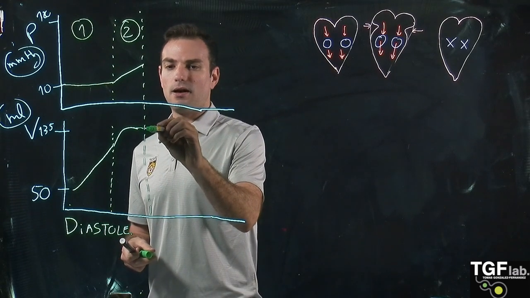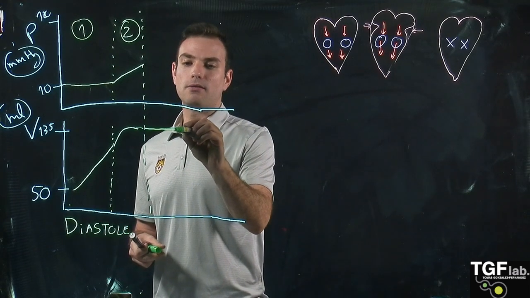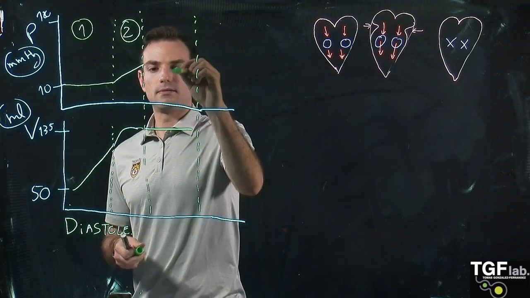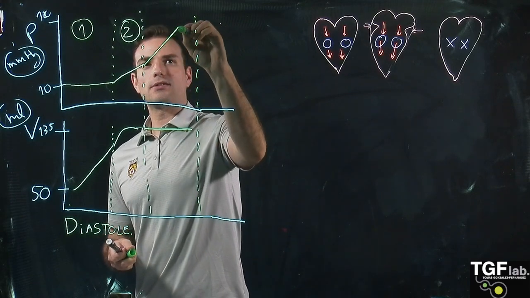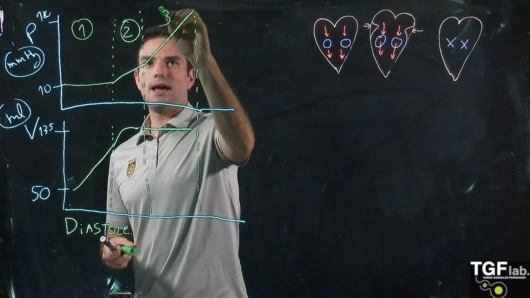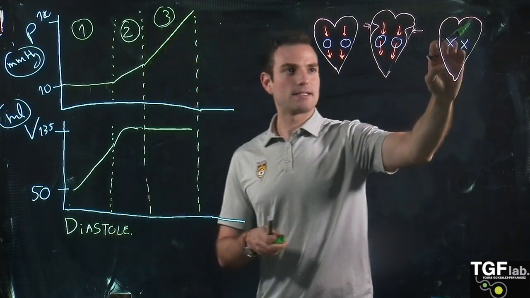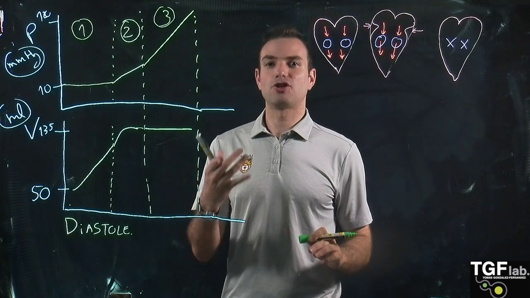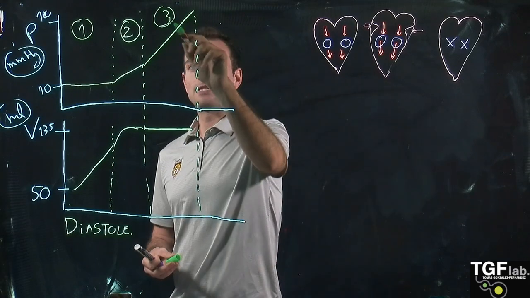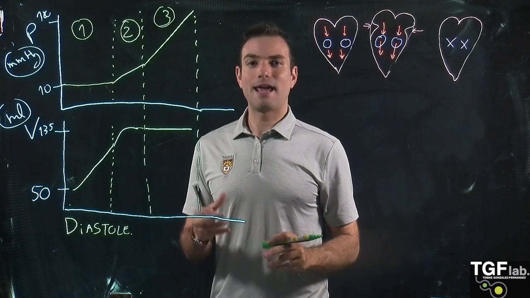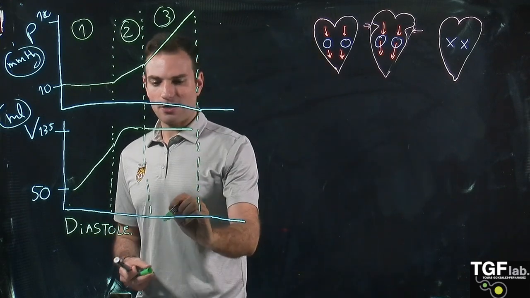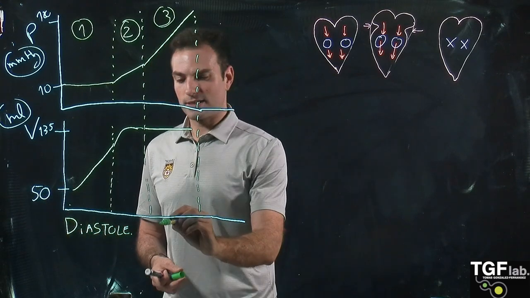So the volume is going to stay the same, and the pressure is going to go up. Because the valves are closed, there are no changes in the volume of blood. This third phase is called the isovolumetric contraction phase. And this is the start of the process of contraction that is called the systole.